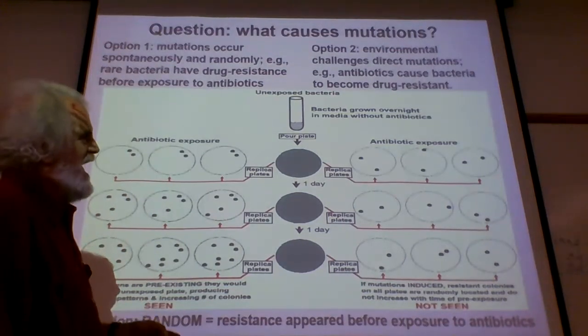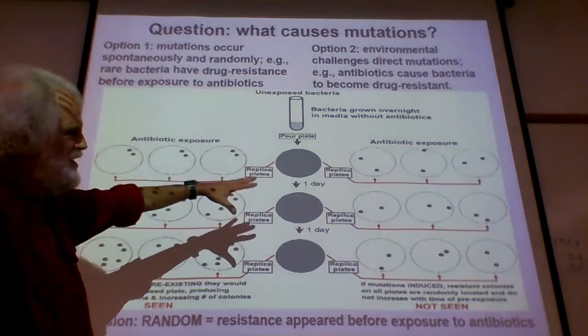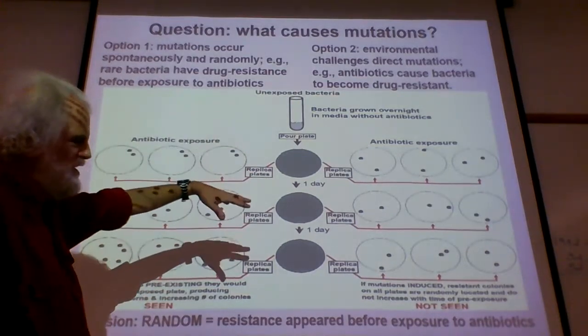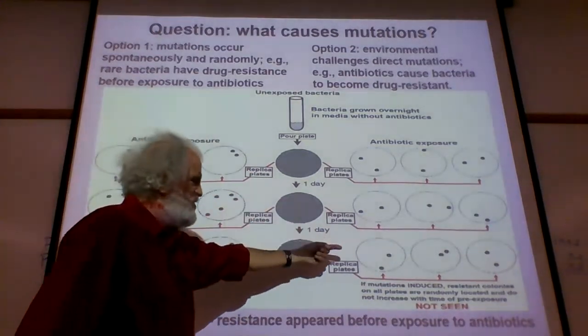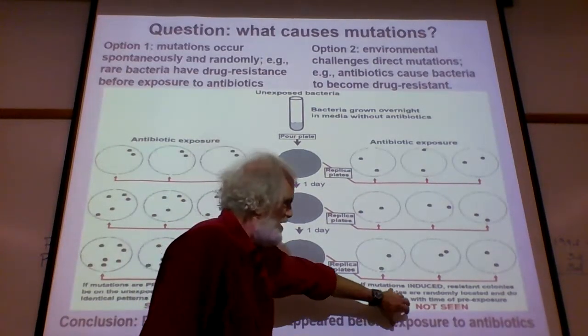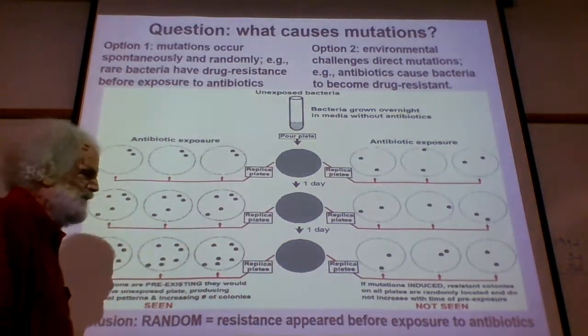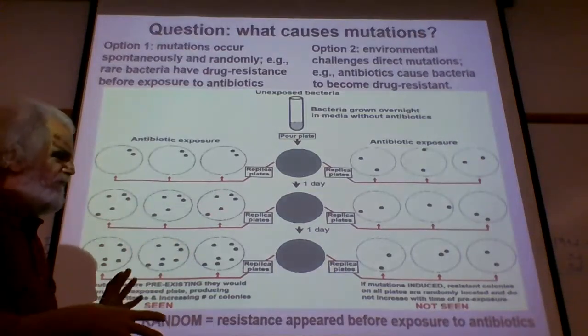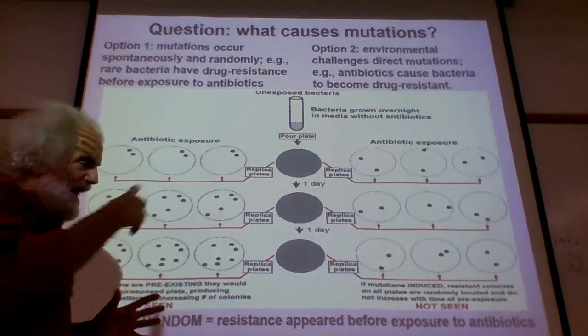If you've got a bacteria that is resistant, mutations can be induced, but you're not going to see these colonies until the bacteria are being selected for with antibiotics.